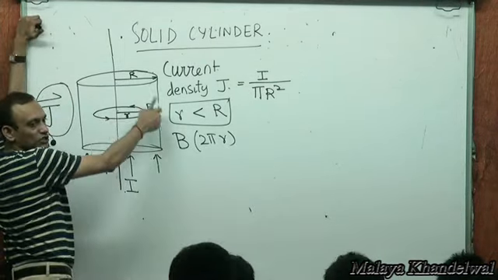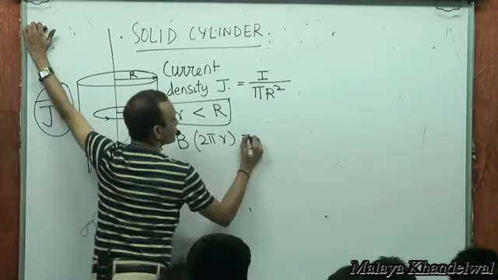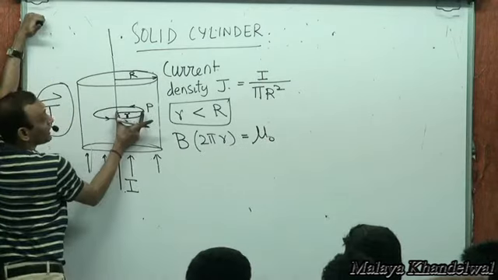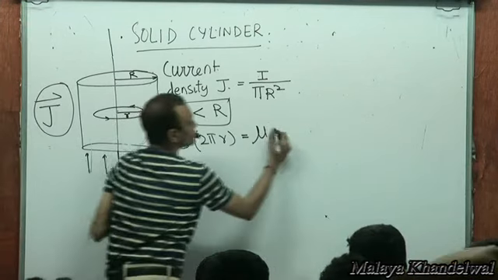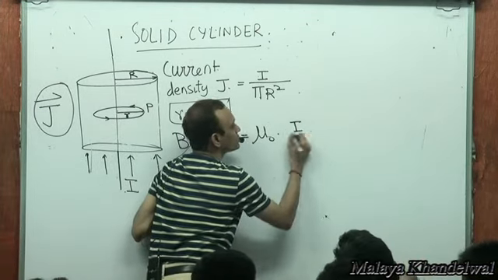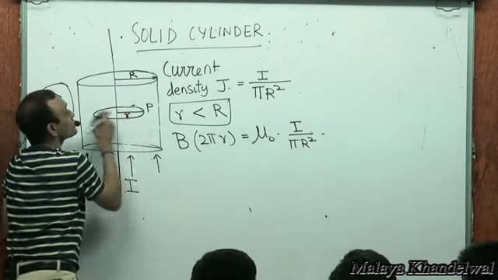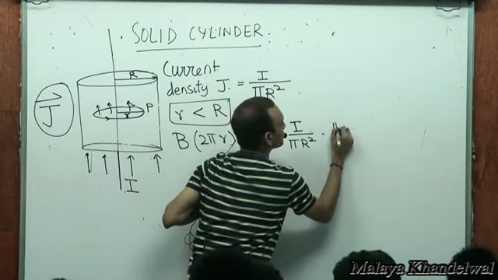And that must be equal to mu naught times the current enclosed within small r. That's current per unit cross section, which is J, into the cross section associated with it, pi r squared.